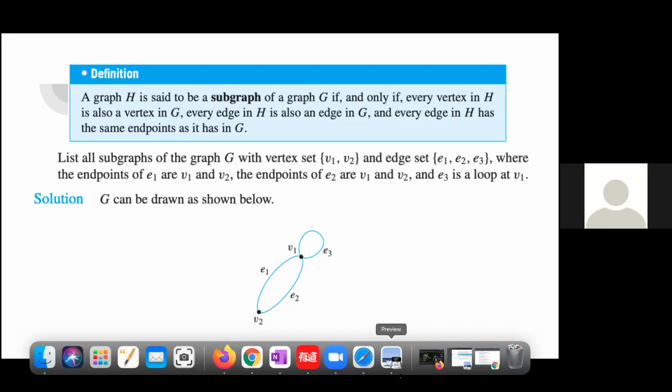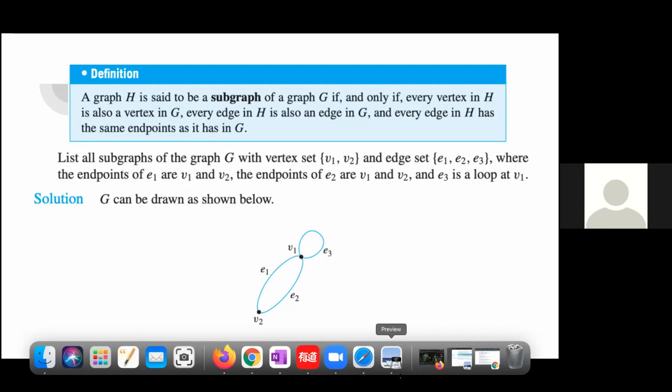So it's the same thing. When we go through the formal definition, H is a subgraph of graph G if and only if every vertex in H is also a vertex in G.